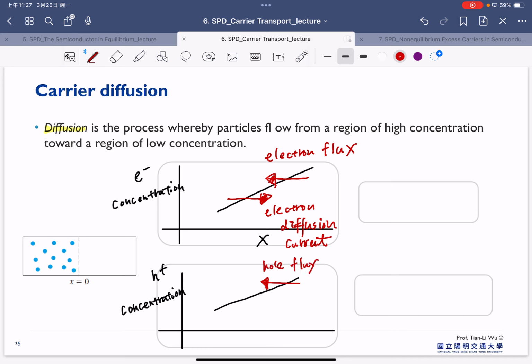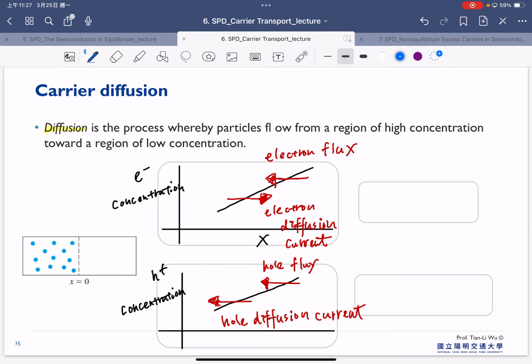The current direction is the same as the hole flux direction, so your hole diffusion current is in this direction. Right?